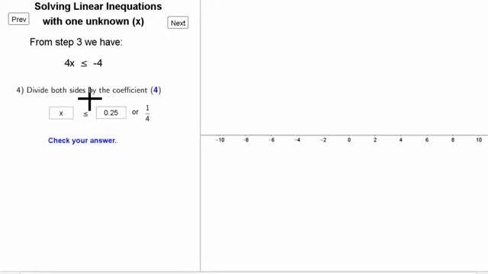And we now have to remove the coefficient. We do that by dividing. Negative 4 divided by 4 gives us negative 1. So we put that in, and we're told we've solved it.